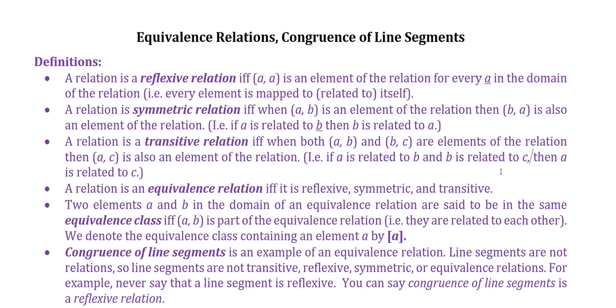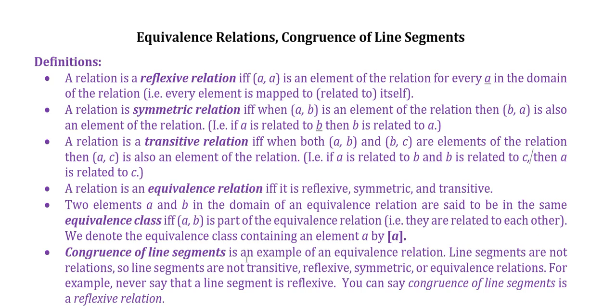Two elements A and B in the domain of an equivalence relation are said to be in the same equivalence class if and only if A, comma B is part of the equivalence relation. In other words, if A is related to B. And we denote the equivalence class containing any element A by bracket A bracket.